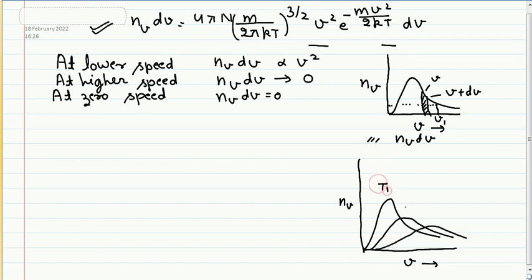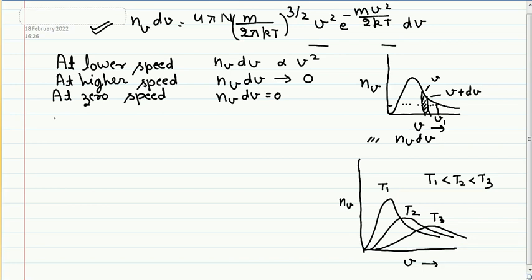This is the temperature T1, this is T2, and this is T3. Here T1 is less than T2, which is less than T3, because at the higher temperature, the number of molecules at the peak is less in comparison to the lower temperature. So this is the curve representing a graphical method to represent the distribution function.